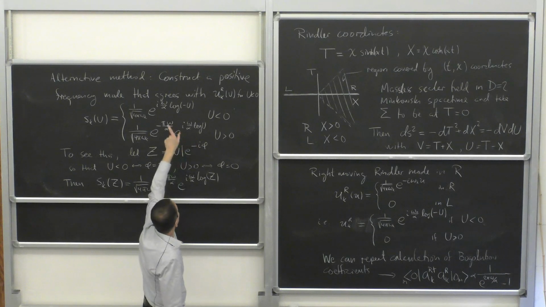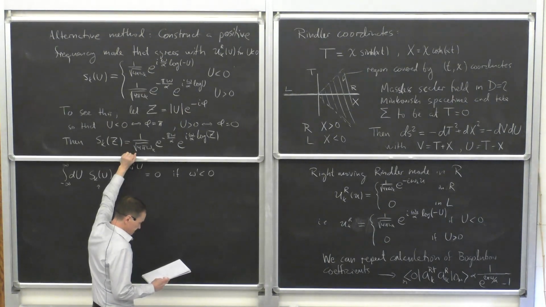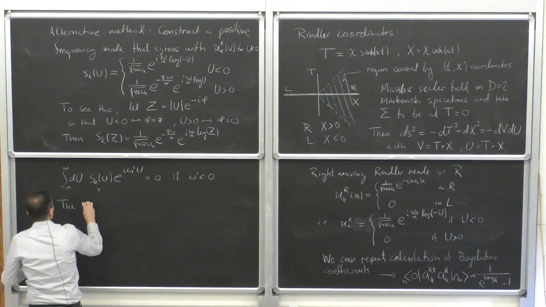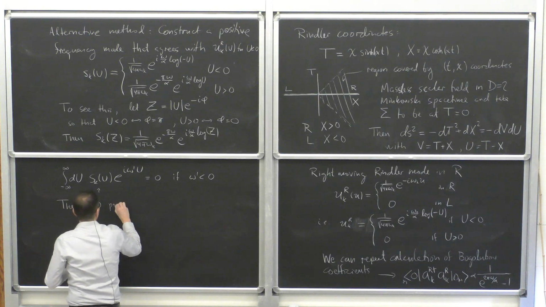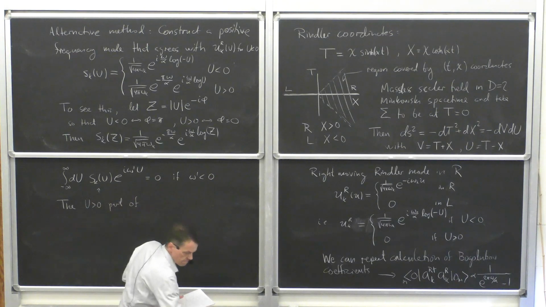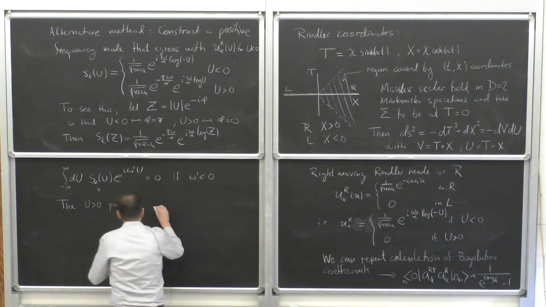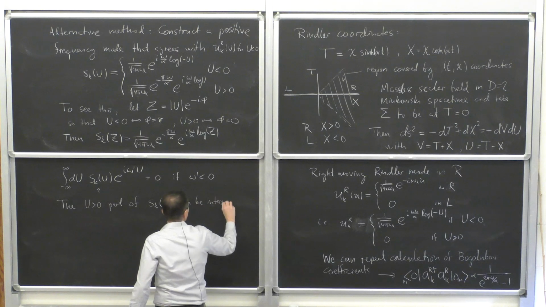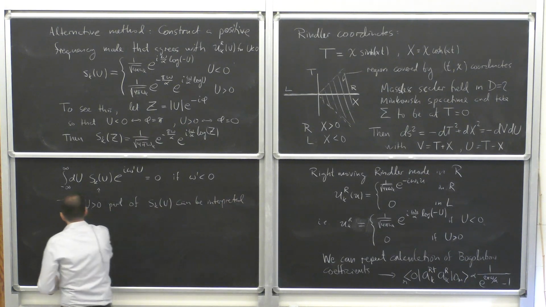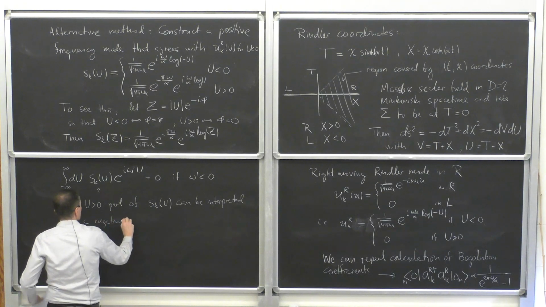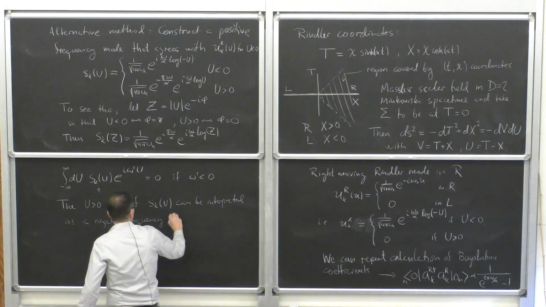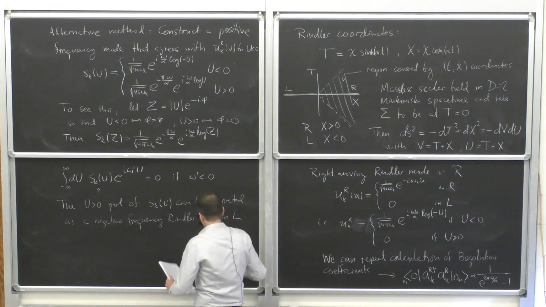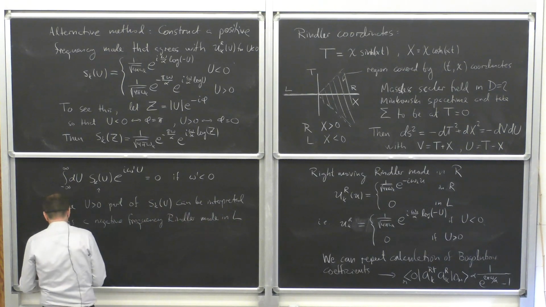So we have gotten ourselves the u greater than 0 part of this guy, it can be interpreted as a negative frequency Rindler mode in L, okay?